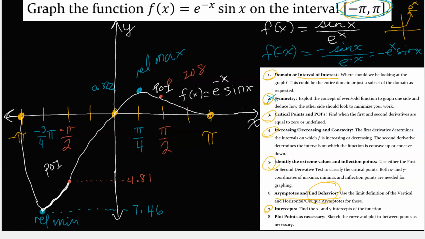A function that is continuous on a closed interval will have an absolute max and an absolute min. Looking at these values, we can tell that this right here is our absolute minimum, and then that up there is our absolute maximum for that interval.